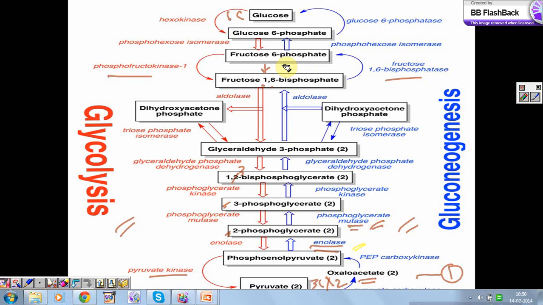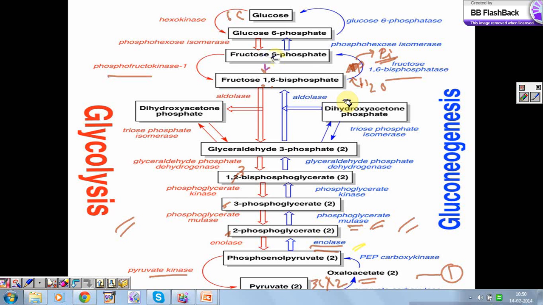This biphosphatase enzyme is responsible for hydrolysis in the presence of a molecule of water. One molecule of water is added here, and the phosphate group is removed in the form of inorganic phosphate.